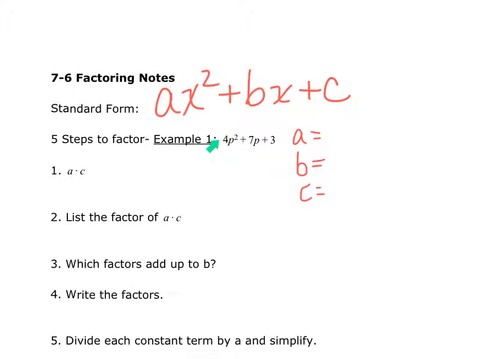What's the coefficient of p squared? 4, the coefficient, not the exponent. So my A value is 4. The coefficient of p is 7, so B is 7. And my constant term, the number all by itself, is 3, so C is 3.